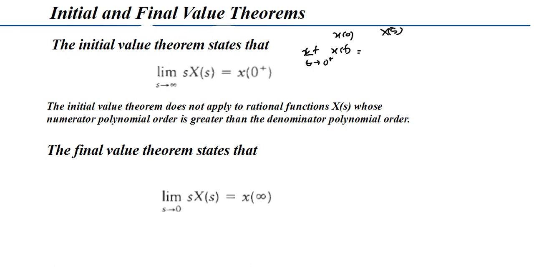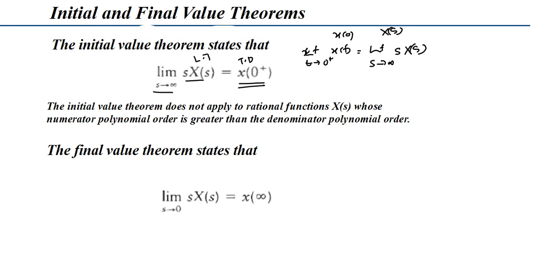We know the transform x of s, so it's very simple to calculate the initial value of a signal if you know the Laplace transform. Simply apply the limit s tending to infinity of s into x of s. So that's the meaning of the initial value theorem: limit s tending to infinity of s into x of s is equivalent to its initial value x of 0. This is the time domain signal, and this is the Laplace transform of that particular signal x.